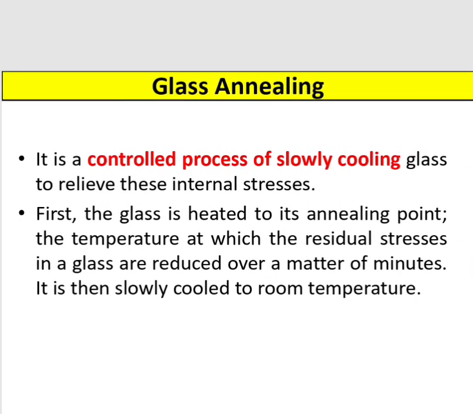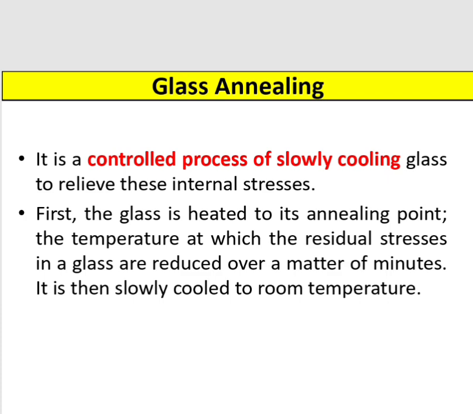Then another type of annealing is glass annealing. It is a controlled process of slowly cooling the glass to relieve internal stresses. Internal stresses are developed during the manufacturing of glass, so before going to application, we should remove the internal stresses of the glass material.